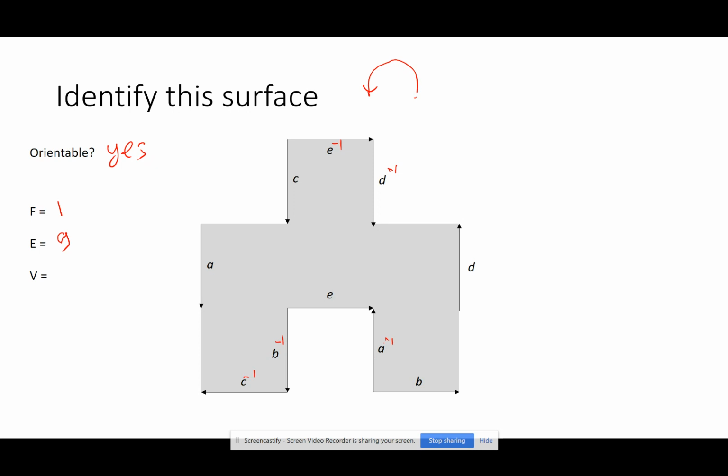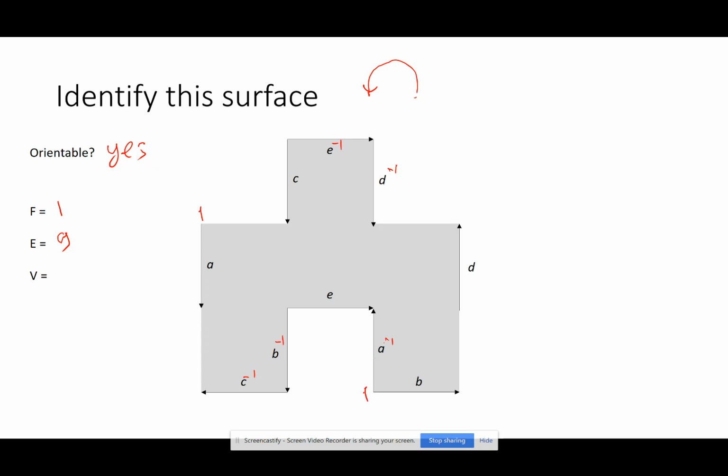So let me just write 1. If this is vertex 1, then this one sits at the tail of edge A. When it is glued to another copy of the edge A, we have another tail of A, that is therefore also 1.